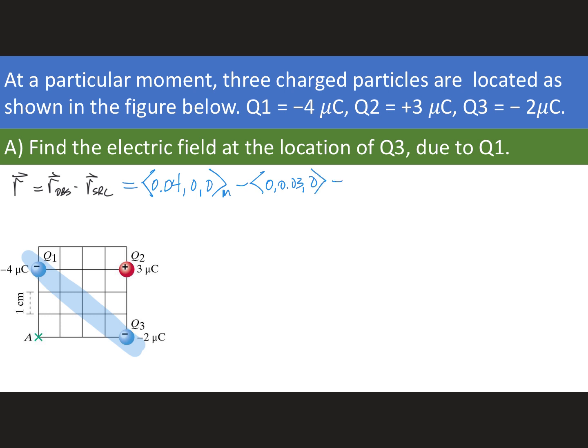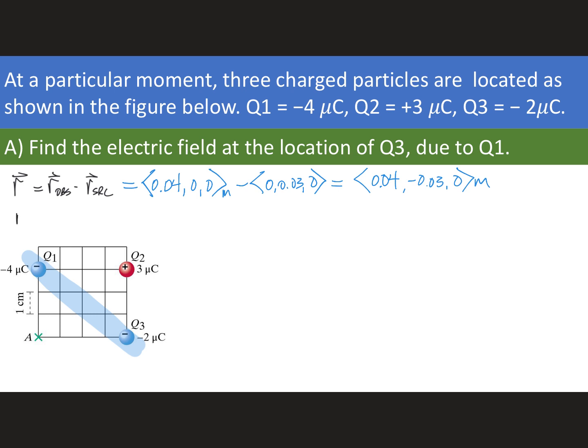And that means your resultant vector, the position vector for that, meaning you're going to go over 4 and down 3. You could also just think of it that way.